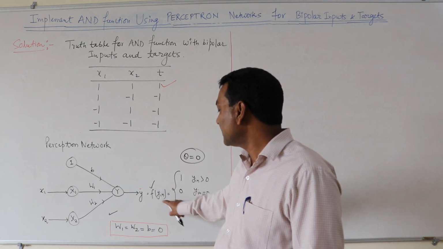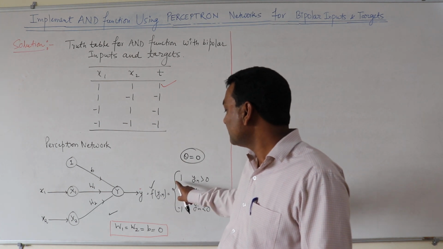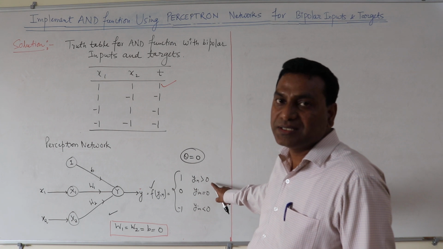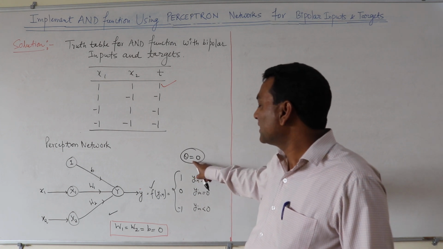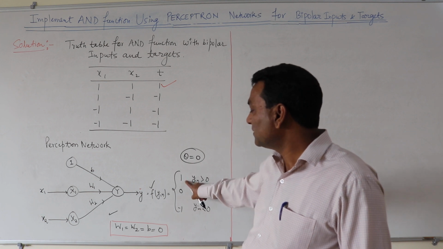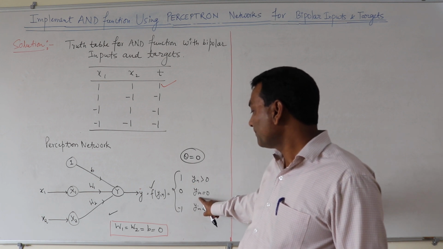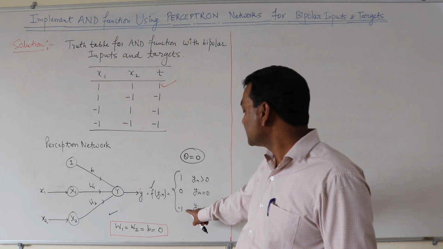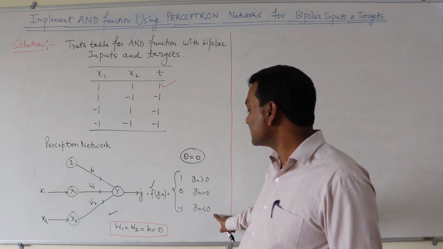When we apply the activation function on the net input, then we will get 1 if y is greater than the threshold. Here suppose we have taken the threshold as 0, so y is greater than 0, then it will be 1. It will be 0 when y is equal to 0, and it is minus 1 when y is less than 0.